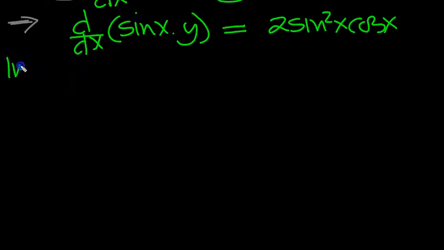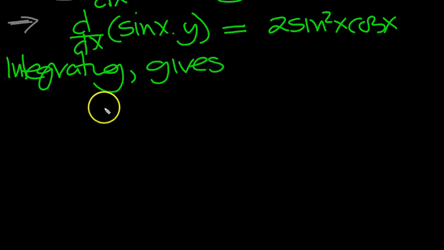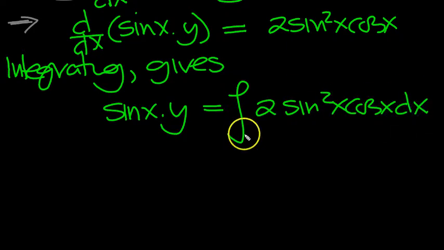So integrating then gives, integral of the derivative is just the object itself, so that's sine x times y, and on the other side we've got the integral of 2 lots of sine squared x times cosine x dx. This is just a function of a function, if you see it, I hope.